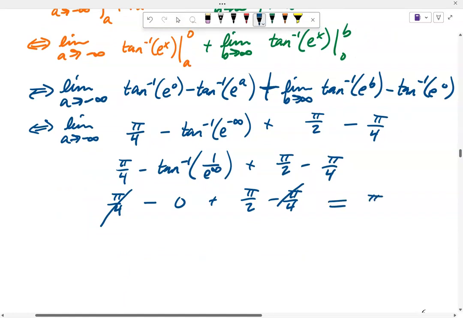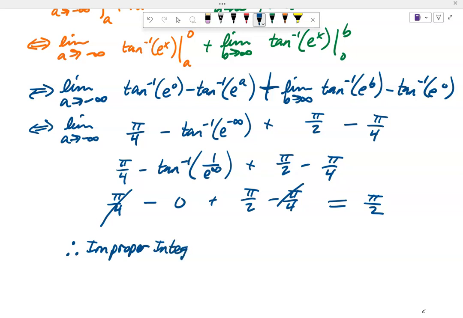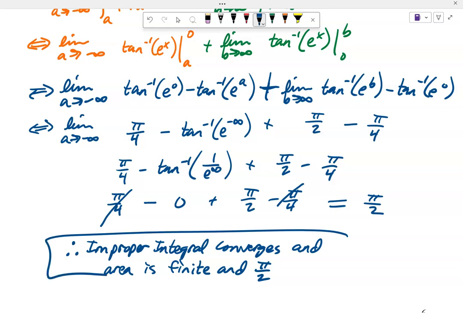So this just all ends up being pi halves. So our improper integral does converge, and the area under the curve from negative infinity to positive infinity is actually finite, pi halves, interestingly enough.